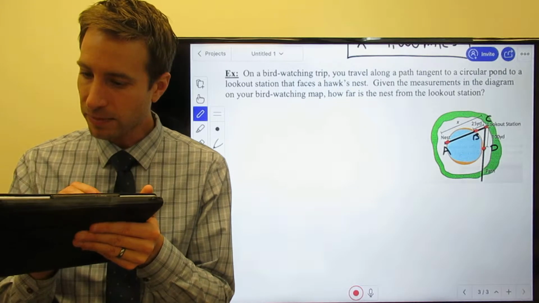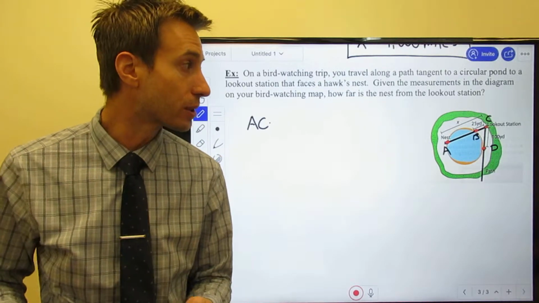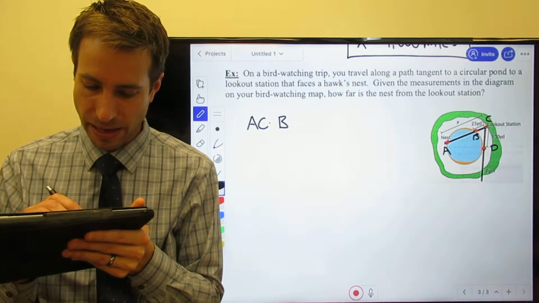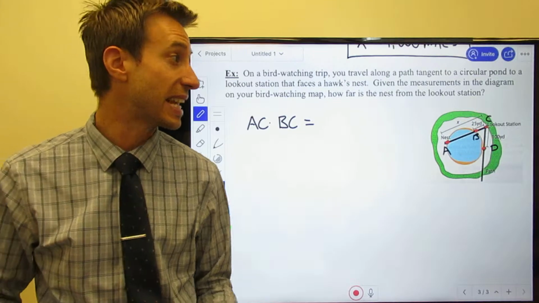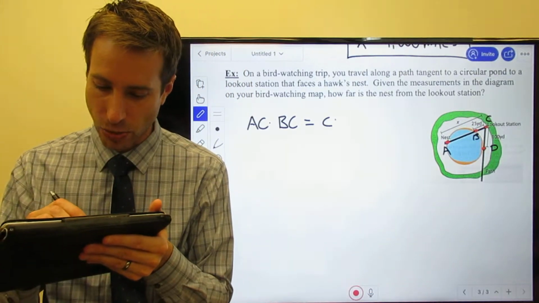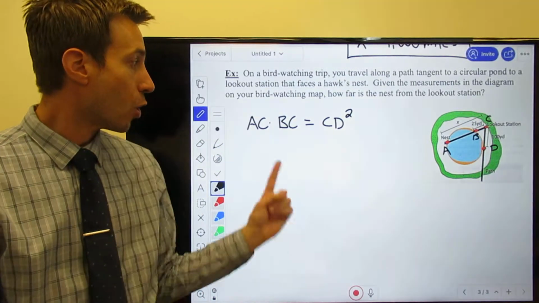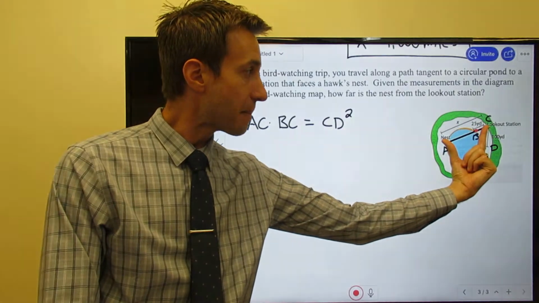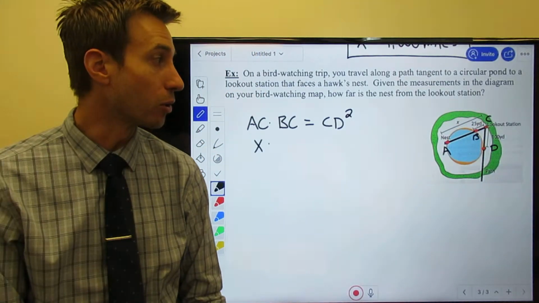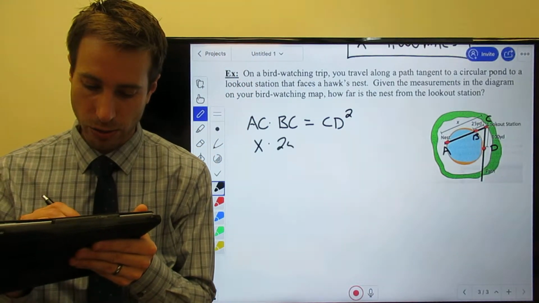So here we go. Set it up. I'm going to have my secant segment, which is AC, multiplied by the external secant segment, which is BC. That all has to be equal to the tangent segment CD, but that has to be squared. All right, now we plug in what we know. What is AC? Well, on the map, AC is X. That is going to be multiplied by BC, which I tell you is 25 yards. 25.